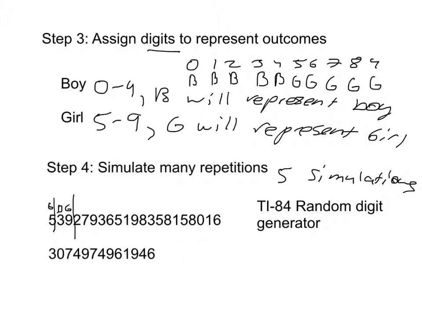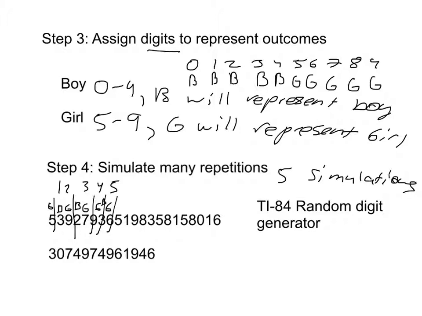So girl. This one is boy, and then it's a girl. This is a girl, boy, and then girl, boy. And then this is, so 1, 2, 3, 4, 5.